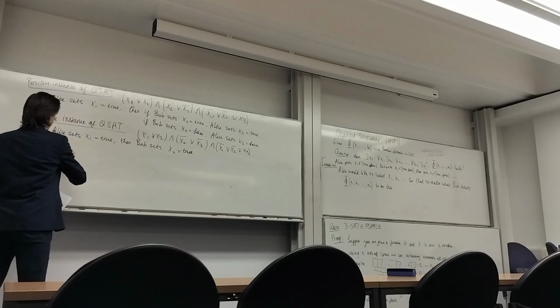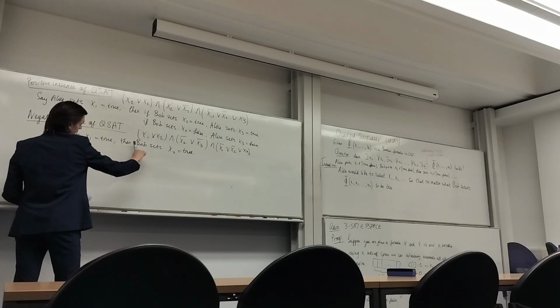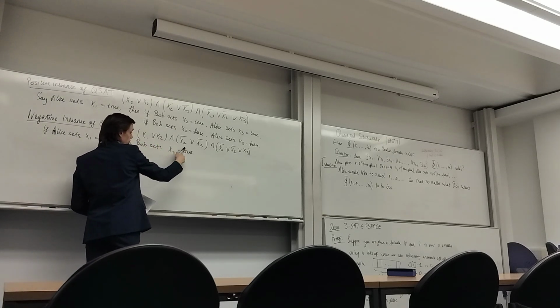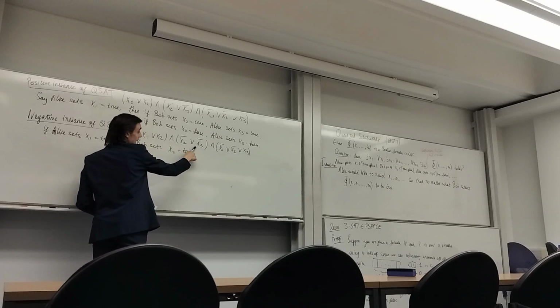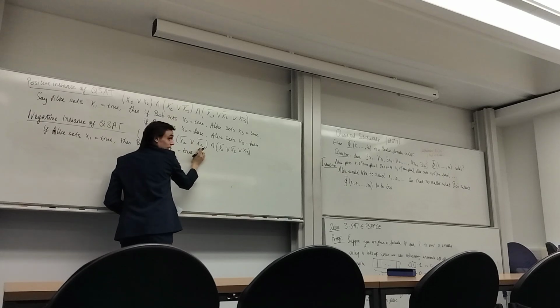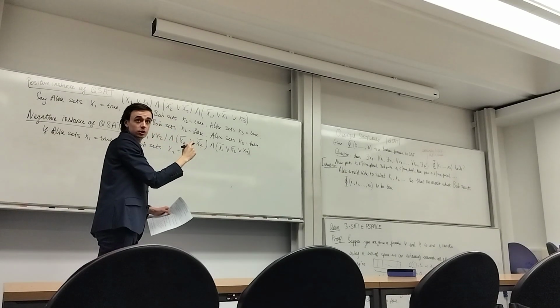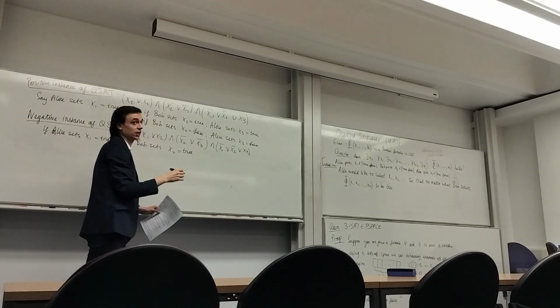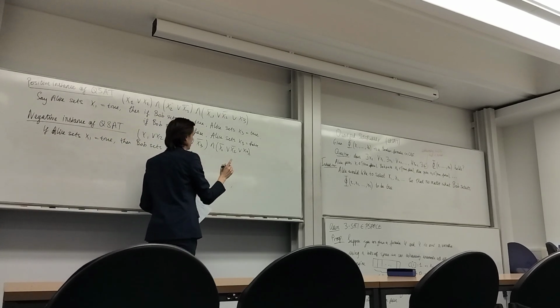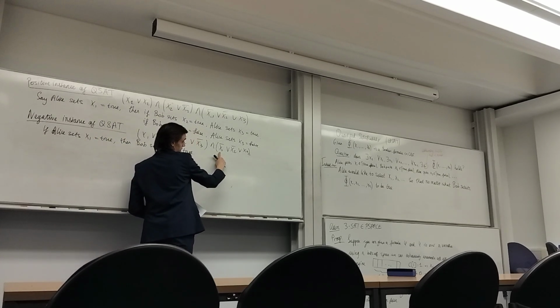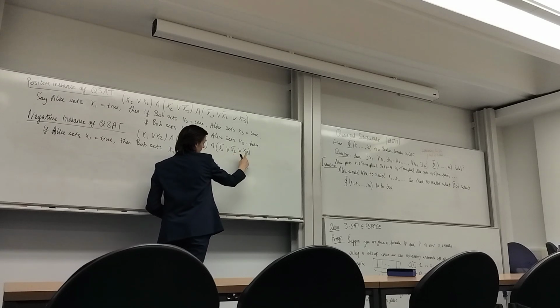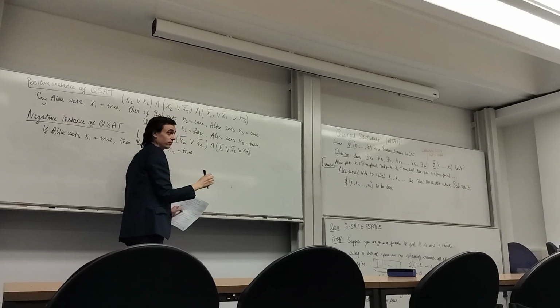If x1 is true, this clause is fine, x2 is true, that's still fine. This clause still has x3 bar, x2 is true, so x2 bar is false. So Alice would like for this clause to hold, Alice would like to set x3 to be false. But if Alice sets x3 to be false, because x1 is true, this is false, because x2 is true, this is false, and because x3 was just set to false, this would be false.